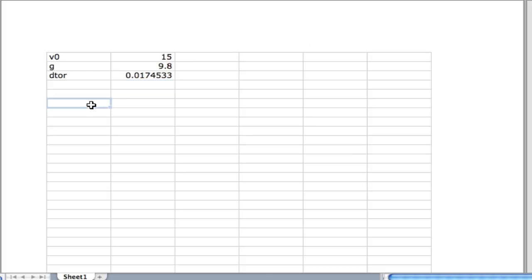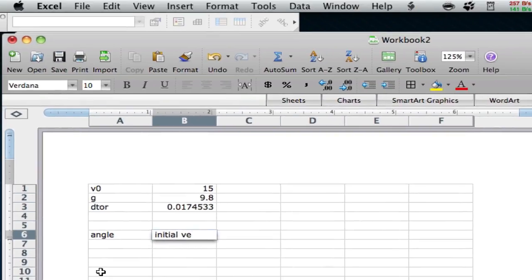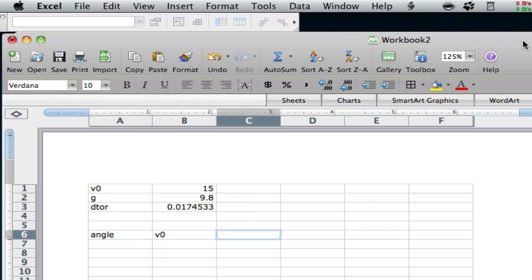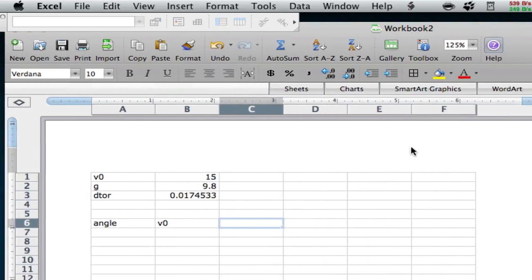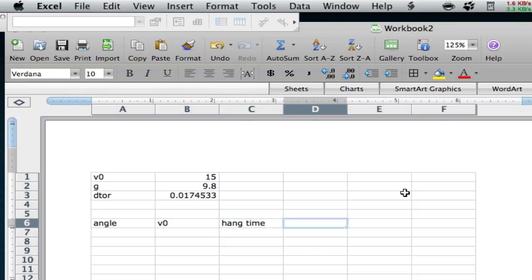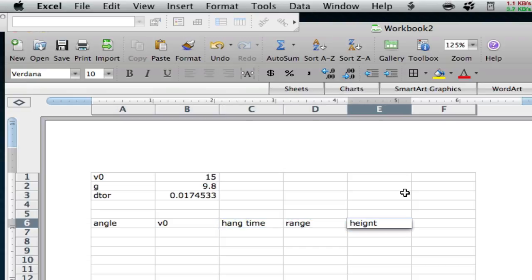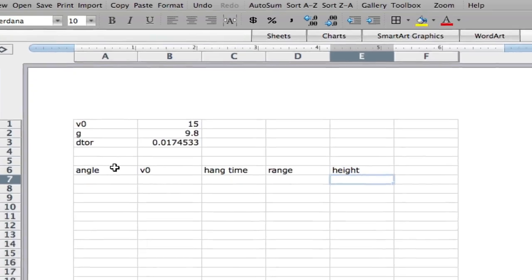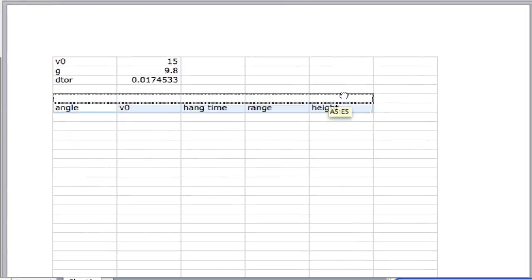So I have the angle, I have the initial velocity, I'll just call it V naught. And make sure I have these right. First it's, yes, hang time, then range, then height. And just to make sure that I have enough room for you to see everything that's going on, let me lift this up a little bit.